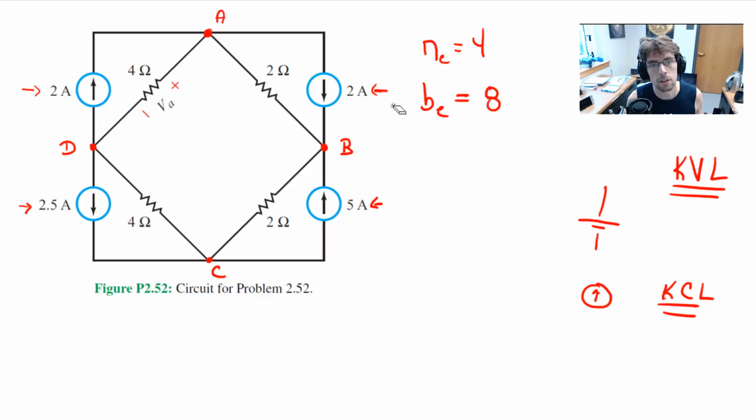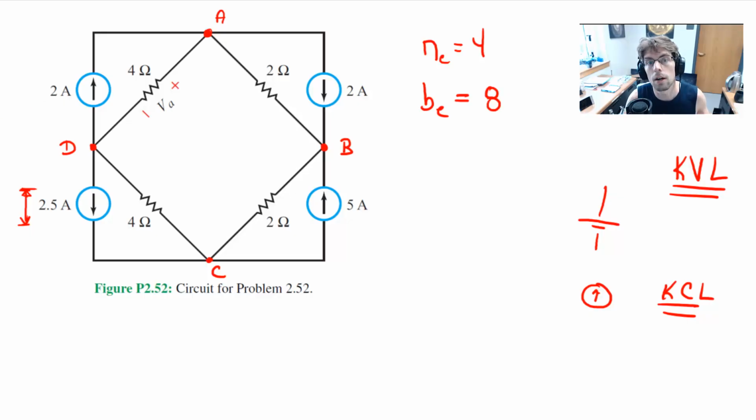The other thing to notice is if we wanted to analyze this circuit completely, the thing that we do not know are the voltage drops. We don't know what voltage drops are required across these elements. Okay?